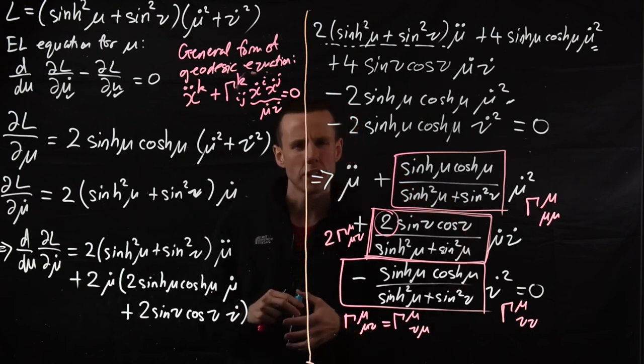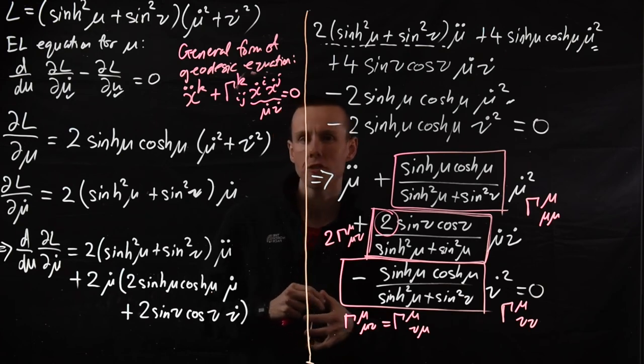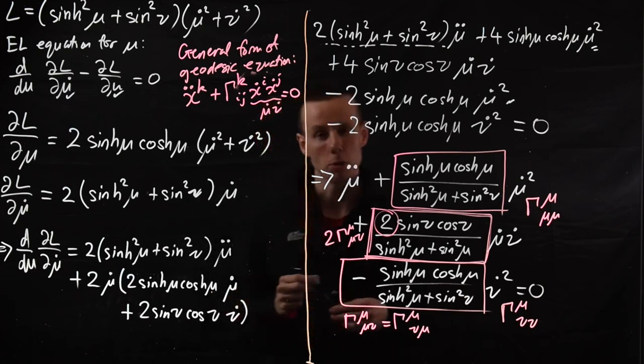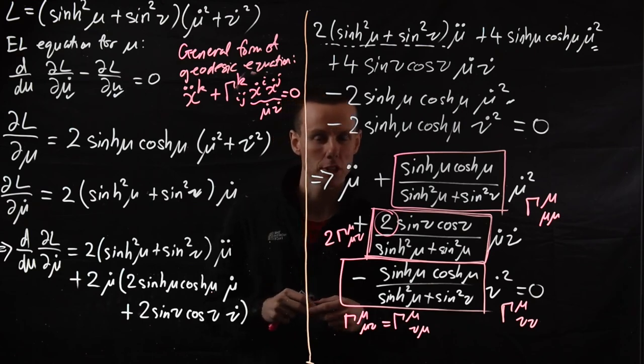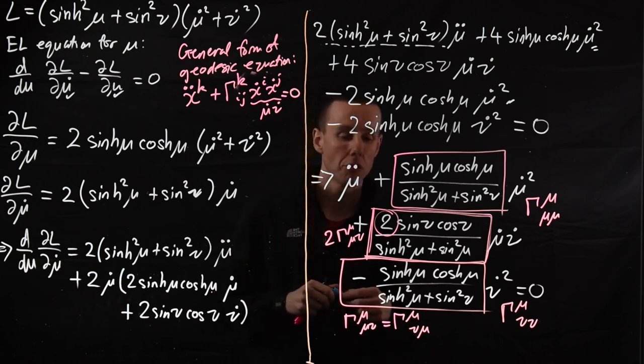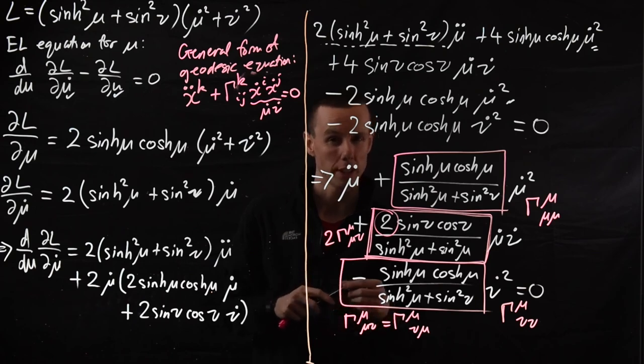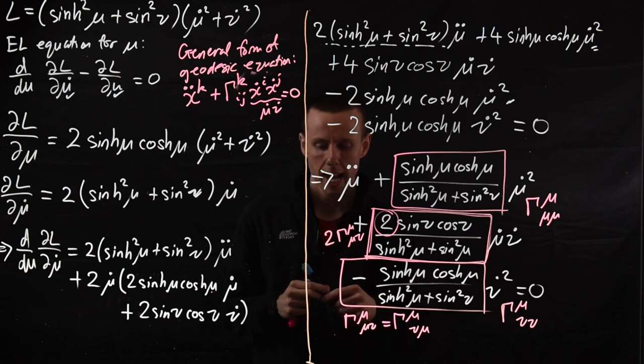But I think now at this point we have seen enough for me to try and give you a brief explanation of why we're interested in Christoffel symbols and geodesics. Okay, so I appreciate this still all feels very formal, very abstract, very theoretical. And let me just give you a 1-minute explanation of what the point is here.